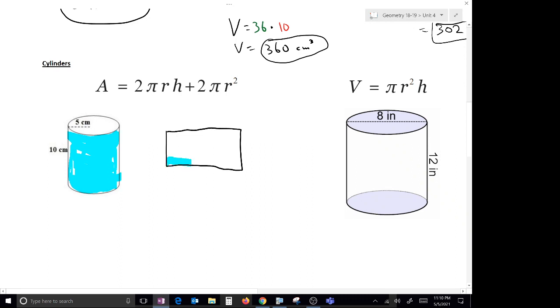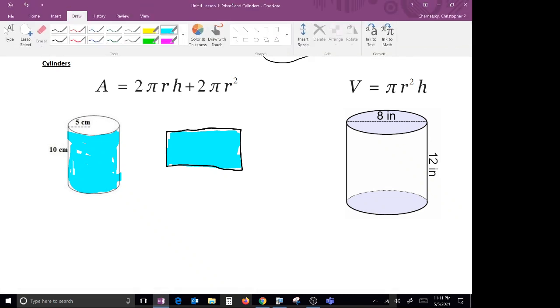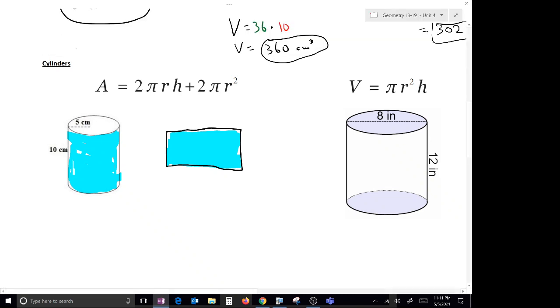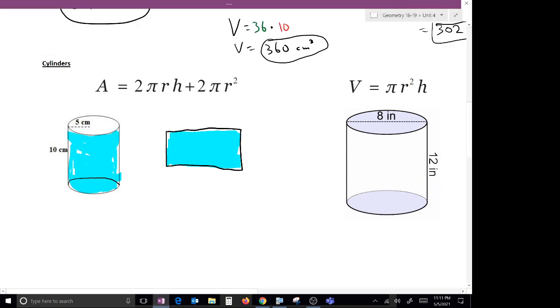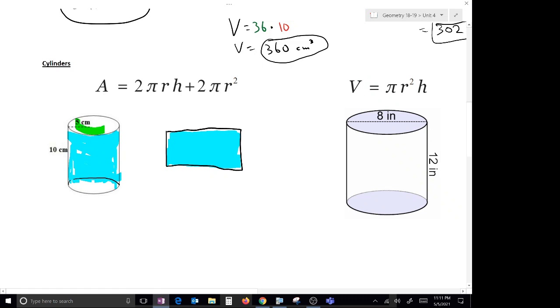So that would unwrap into a rectangle. And then we would have basically two circles that we would have to find the area for. The top and the bottom.